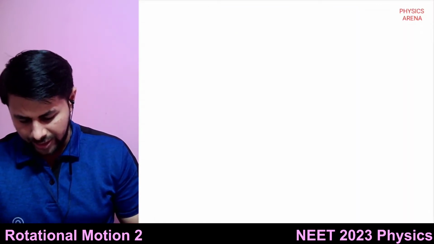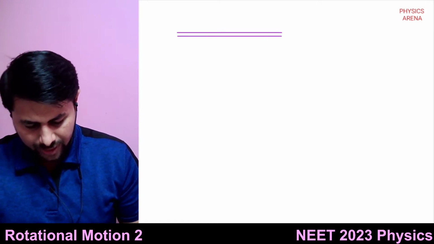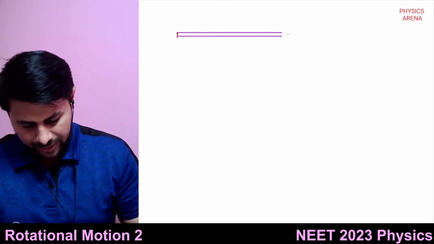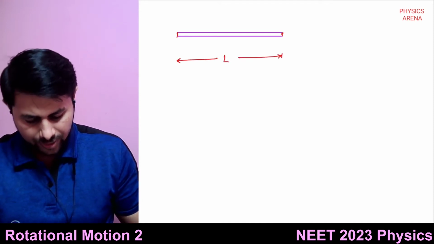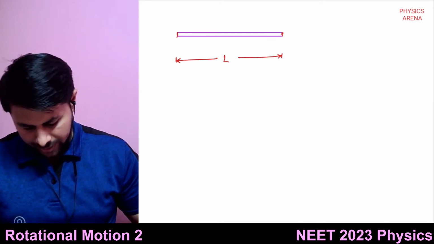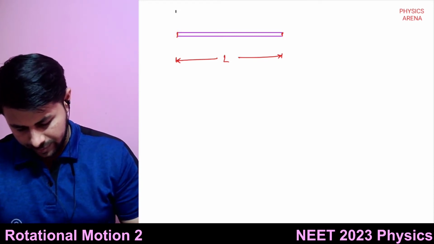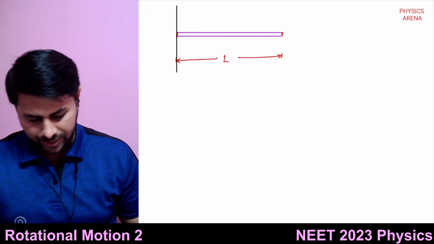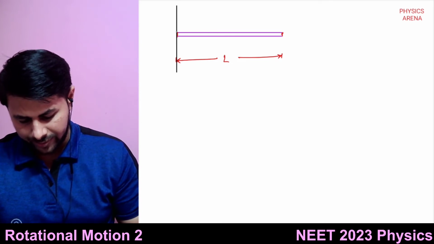So let's suppose we have a very thin rod, kept like this. The length of this rod is L. Let's suppose this end of the rod is at the origin, so of course the right end will be at distance L from the origin.